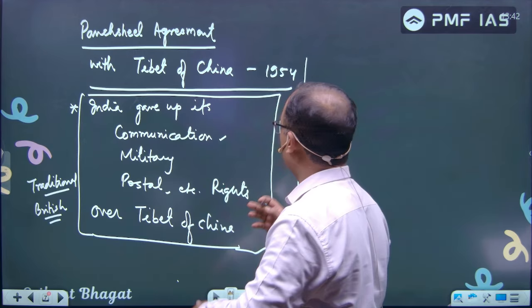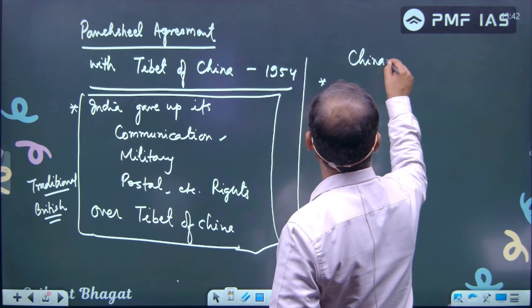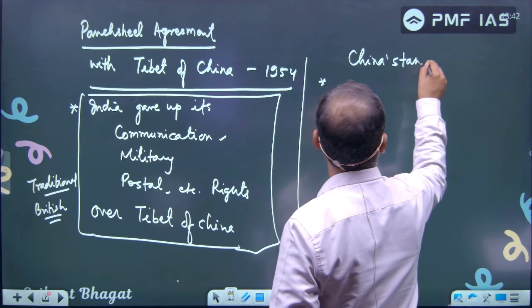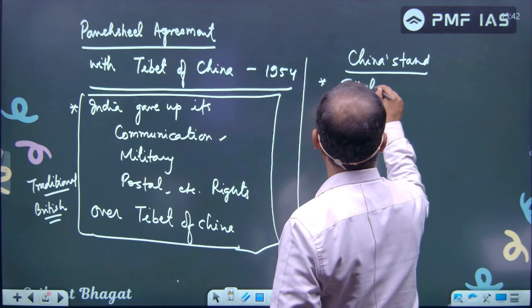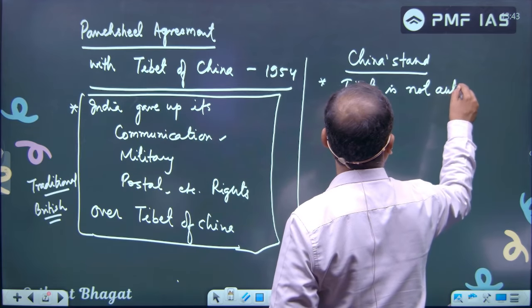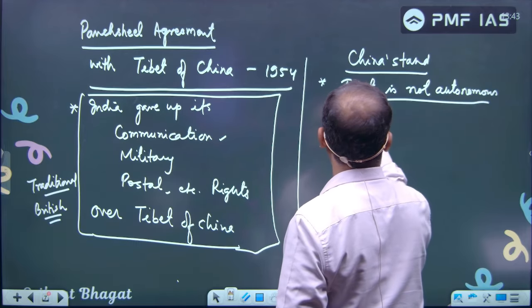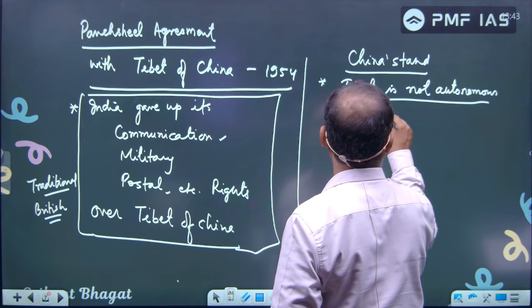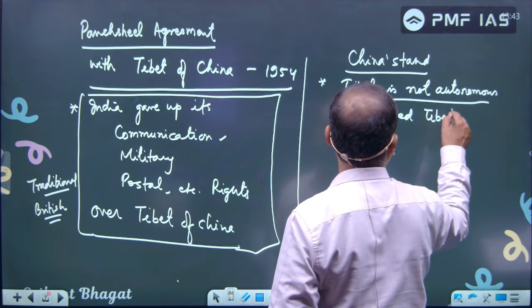Even China's stand was that Tibet is not autonomous. It annexed Tibet.